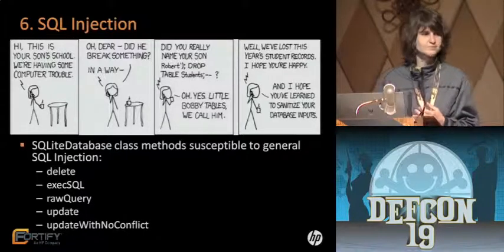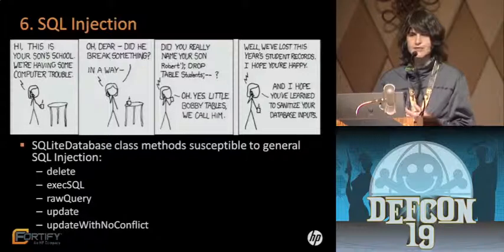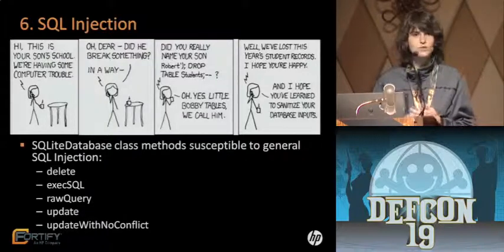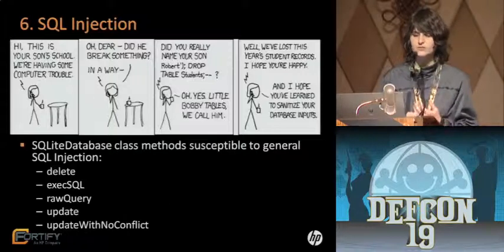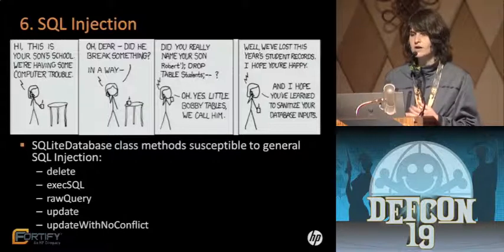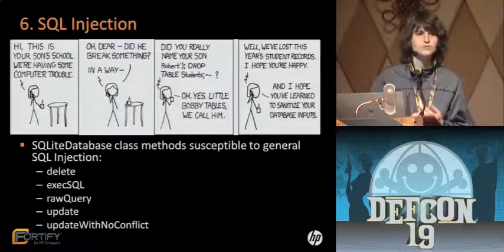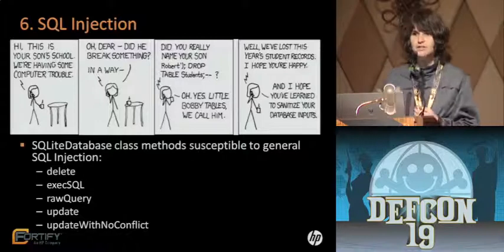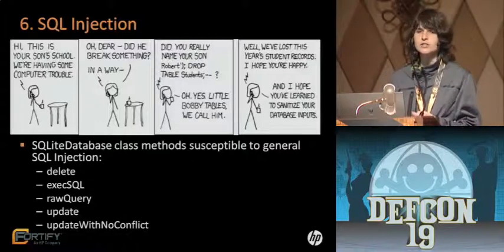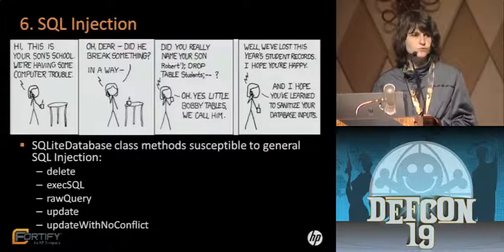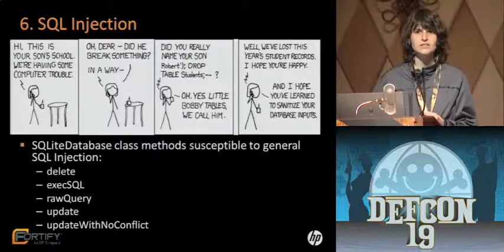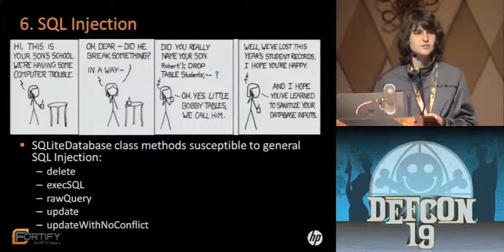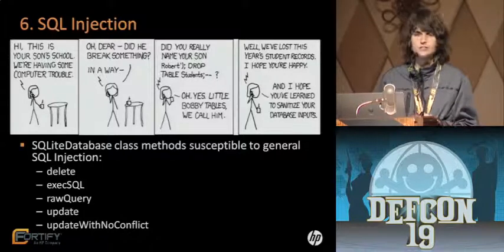And here are some of the APIs in the Google SDK that are susceptible to regular SQL injection. So here are some methods from the SQLiteDatabase class that you should be aware of. In the case of regular web applications, when we think about untrusted input, we basically mean input that comes from outside of the application, things like something that comes from a user interface or HTTP request.